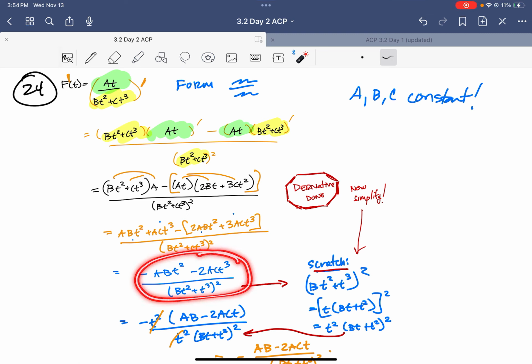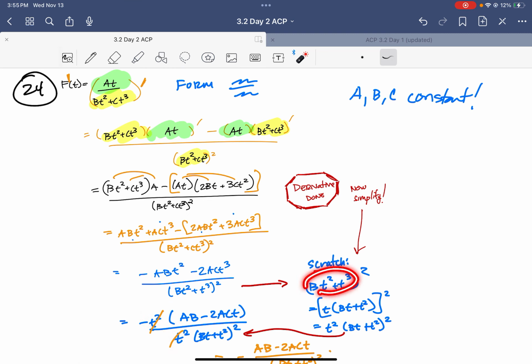So it simplifies to this, but then notice if I take this bottom and I rewrite it inside, if I factor out, let's see, would that be a t squared? So the most I can factor out on top is a t squared. So then on bottom, I wish I had a t squared.